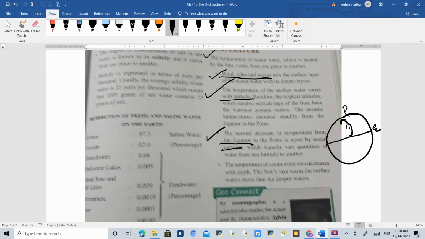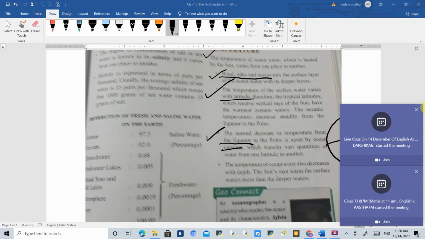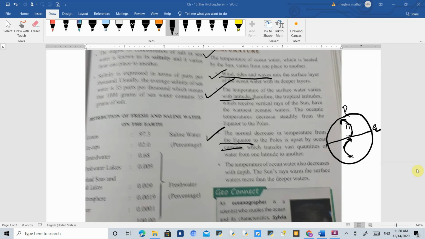Likewise, if the water is moving from the polar regions towards the equator, then it will be cold at first, but as we keep moving, it will become warmer and warmer. So the position of the current also decides what kind of temperature of water you will find.